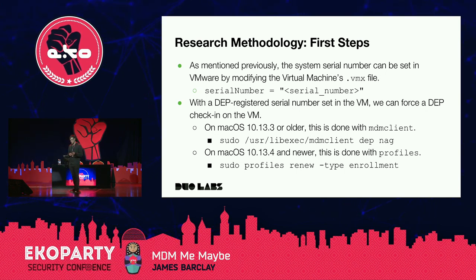On 10.13.3 or older, you would use mdmclient, and on 10.13.4 or later, you could use profiles. It's worth noting that the behavior is a little different here, but if you'd prefer to use mdmclient, you can simply copy that from a machine running 10.13.3 or older and run it on one of the newer machines. It works just fine.